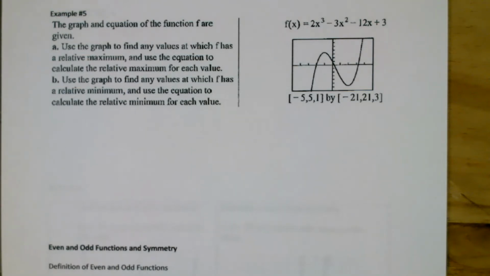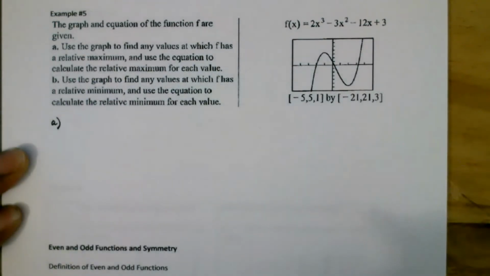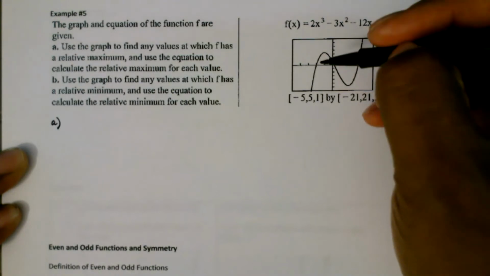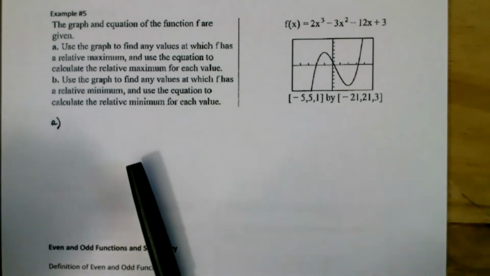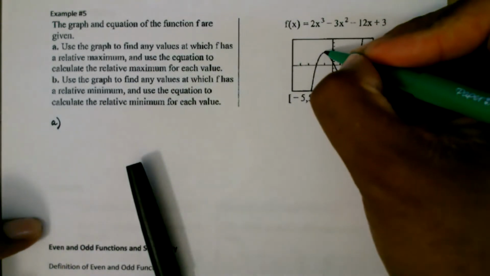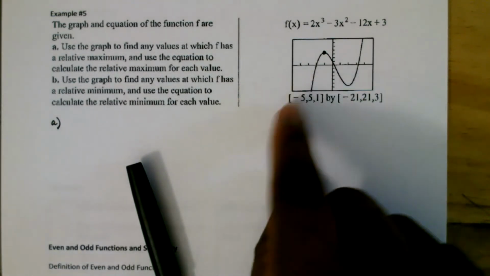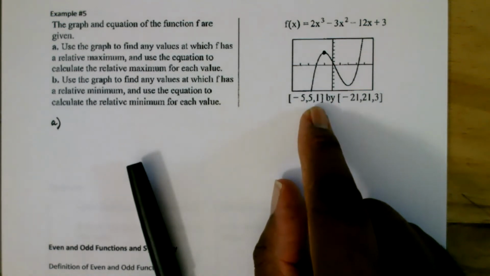Okay, so let's look at this here. I'm going to put part A down here. Now, let's find our relative maximum. That's the highest point. That's going to be up here at that point right there. Now, notice that our x-axis is from -5 to 5 in increments of 1.